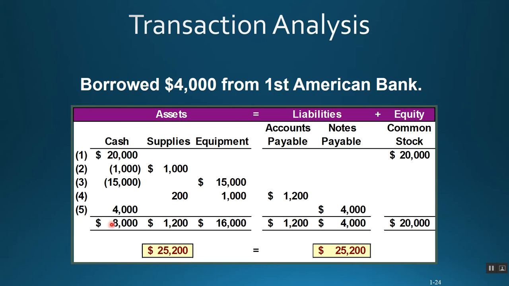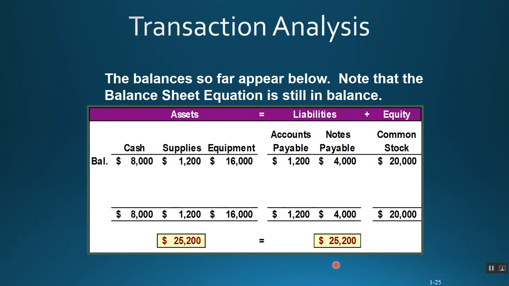We have $8,000 cash, and we have $1,200 in supplies that we own and $1,600 in equipment that we own. We have issued out $20,000 in ownership stock, but we still haven't made a sale. Notice that we're still in balance also. So the balances so far appear below, so that's what we kind of went over, and we are still in balance.